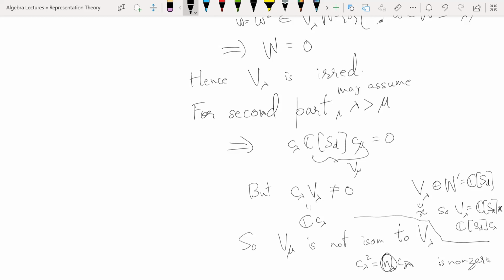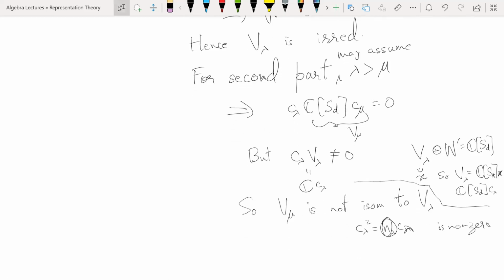You divide by square root of n lambda, and what you get is this idempotent X. So this is how the argument goes.